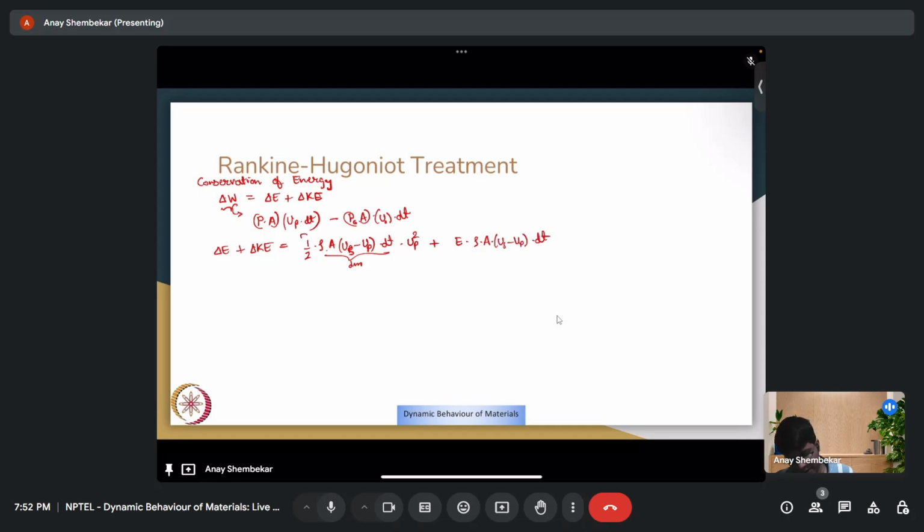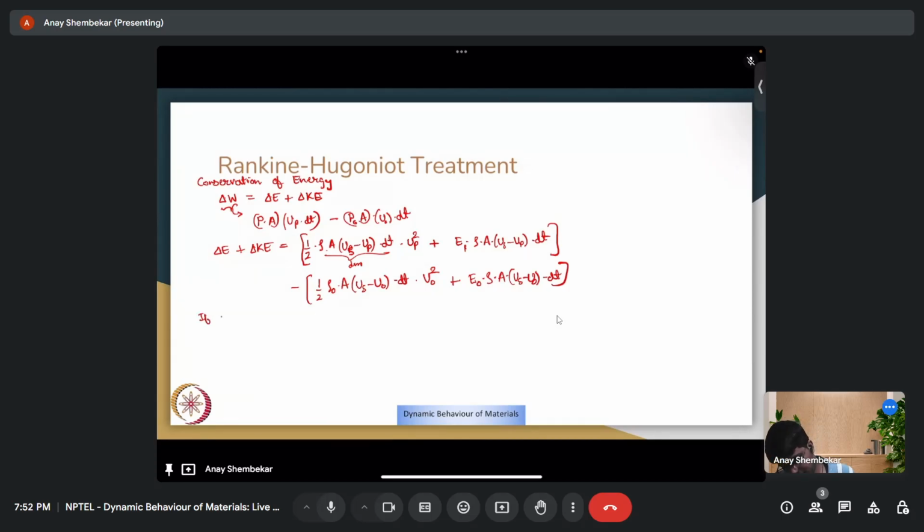So this is my final internal energy plus kinetic energy, minus half rho naught A US minus U naught dt into U naught square plus E naught, rho A US minus U naught into dt.